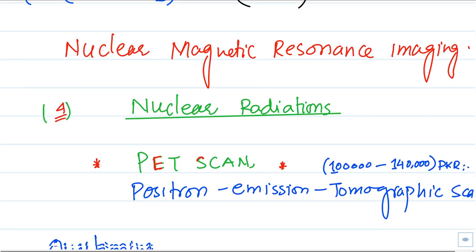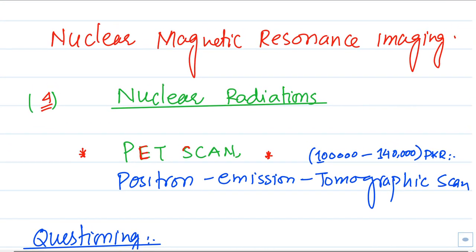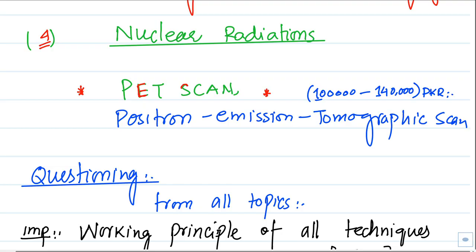After that, the nuclear radiations technique. In nuclear radiations, we have one technique or phenomenon by which we perform the imaging, that is your PET scan. And PET scan is very uncommon, it is not that common. It is called positron emission tomographic scan.